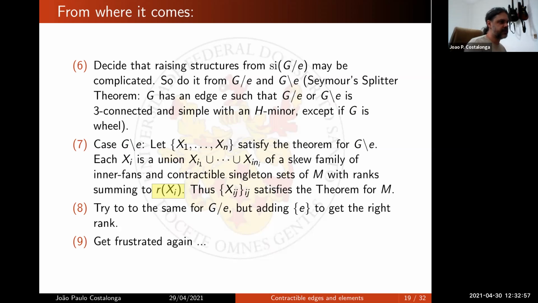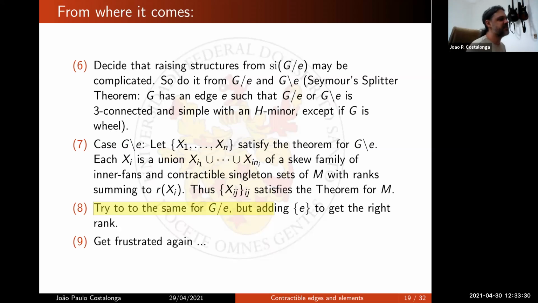So actually, it's a skew family of H inner fans and H contractible singleton sets. To be an H fan family, each of the members will have inside of it an H fan family. And okay, you can pick all these guys and put them together and assemble your family. This thing is not very easy to prove too, but the general strategy is quite simple, straightforward.